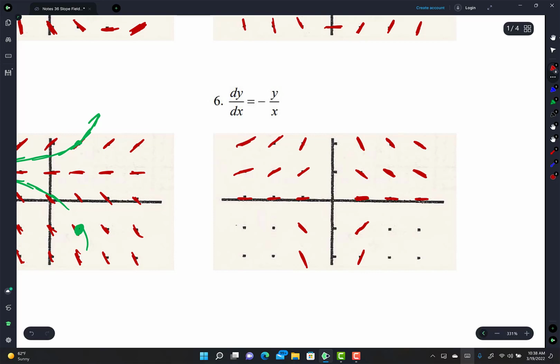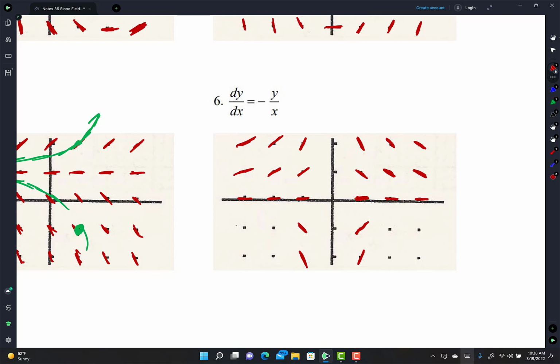So it looks pretty good to me. I think I did a good job with that quadrant 2. Now I'm in quadrant 3. -2, -1. Negative.